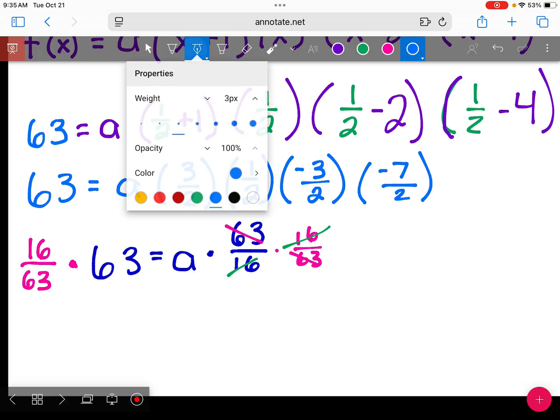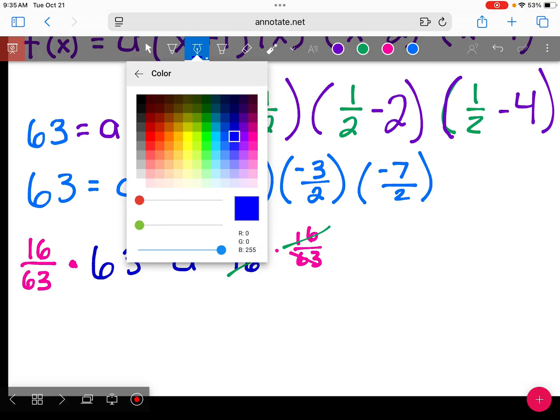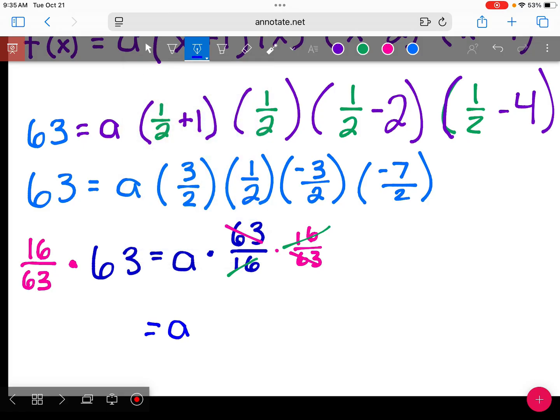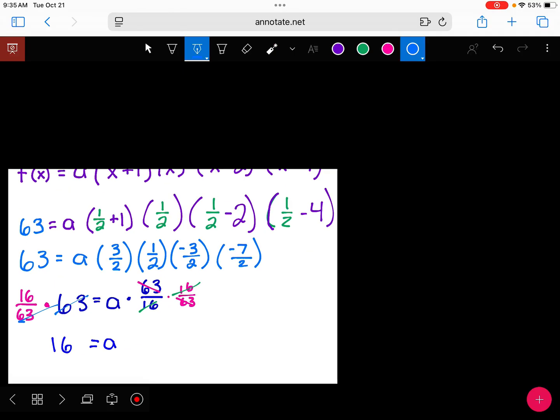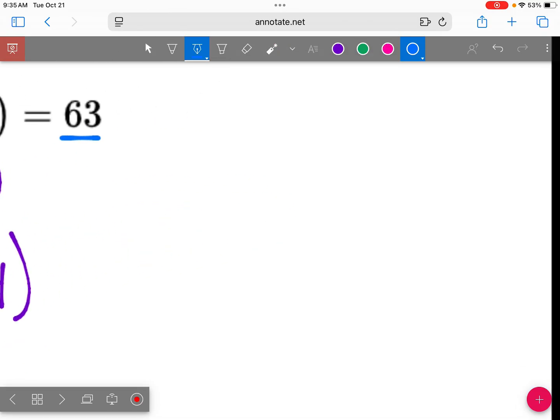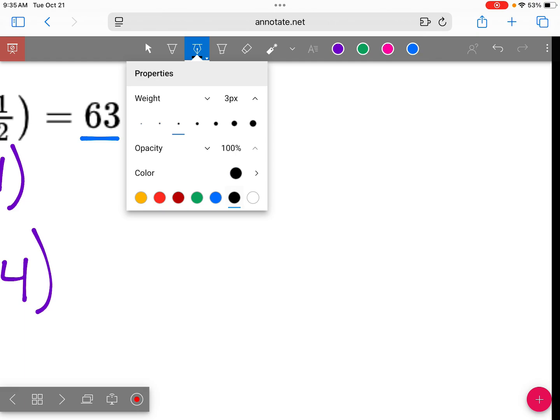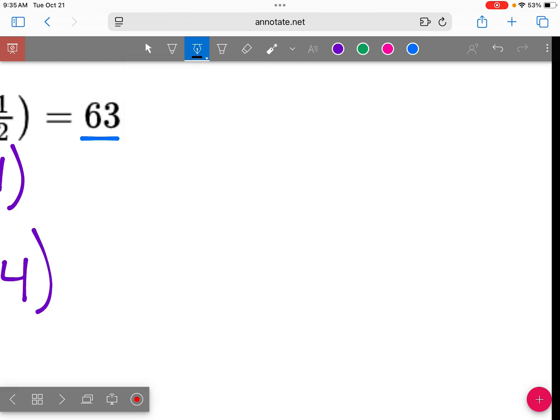And so what is our A going to be? 16. Because those 63s are going to cancel out. So now we have our A value. Now I can take my whole function, I can put in that A, and we can work towards simplifying.